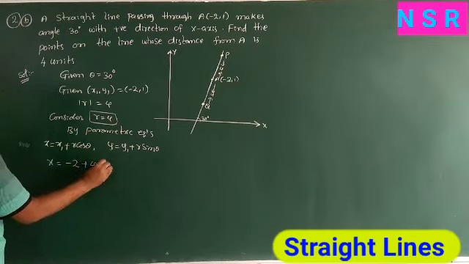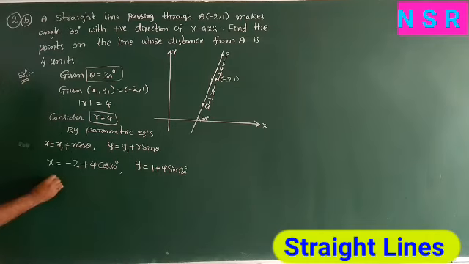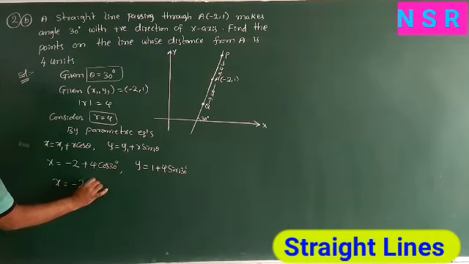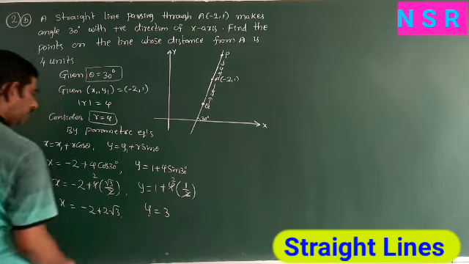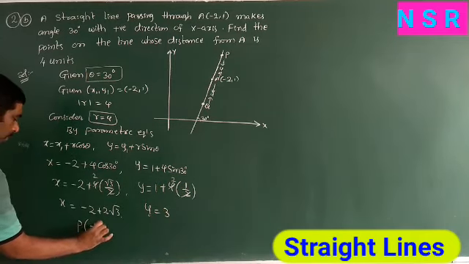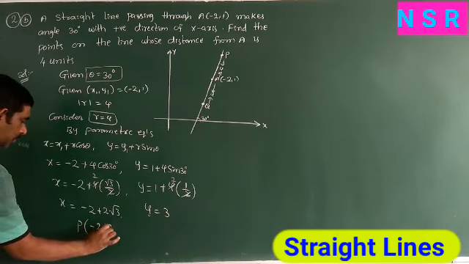Now y is equal to y1 plus r sin 30. So minus 2 plus 4 into cos 30, whose value is root 3 by 2, and here 1 plus 4 into sin 30, whose value is 1 by 2. Now 2 2s are 4, so x is equal to minus 2 plus 2 root 3 and y is 2 1s are 2, plus 1 is 3. Now the P point is (minus 2 plus 2 root 3, 3). So this is the P point.